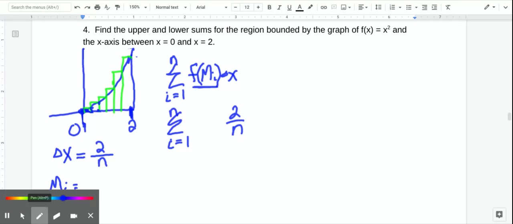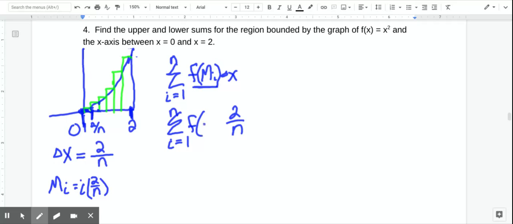So down here, if we're thinking along this axis, each of those rectangles is 2 over n wide. So my first rectangle is going to happen at 2 over n, and then another 2 over n from that, and then another 2 over n. So this is going to be i times 2 over n. That's how I find my spot in those rectangles. So we are doing f of i times 2 over n.